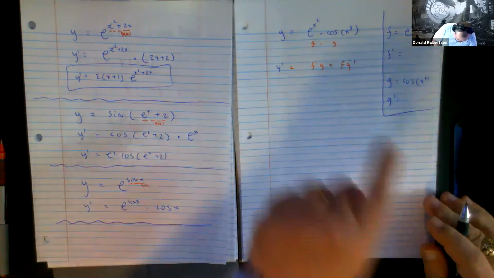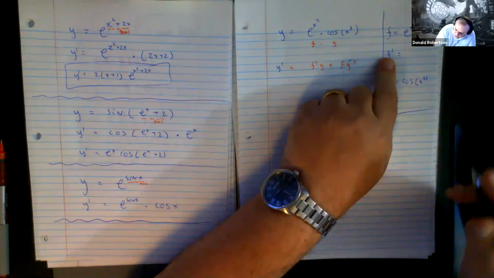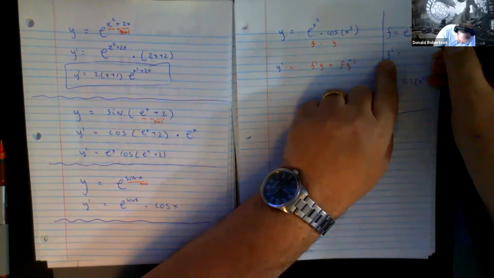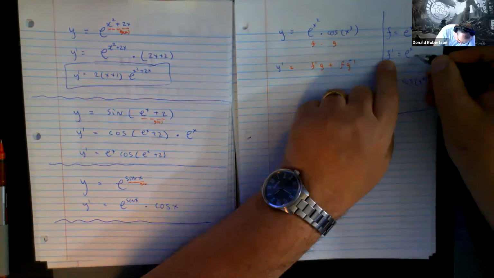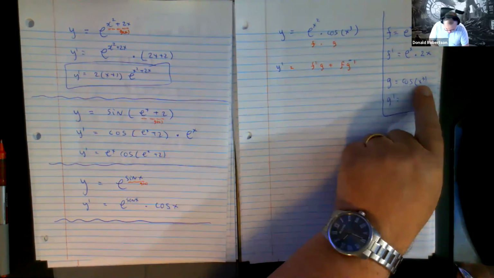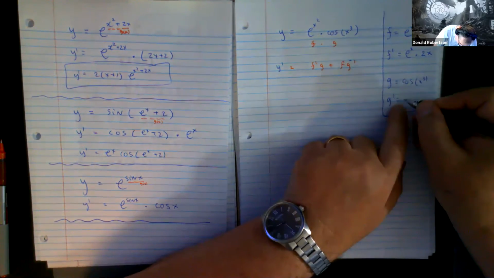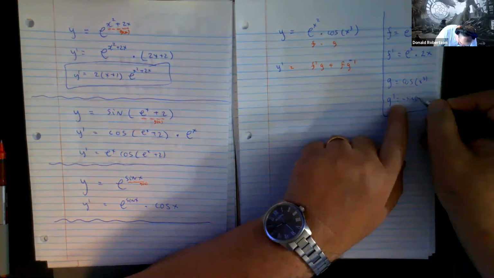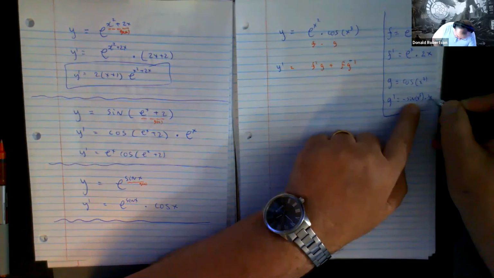So the first guy is e to the x squared. So e to the something. Differentiate e to the something, you get e to the something times another 2x. That's that one done. Cosine of x cubed. Well, that's a cosine of something. You differentiate a cosine of something, you get negative the sine of something times the derivative of that something.